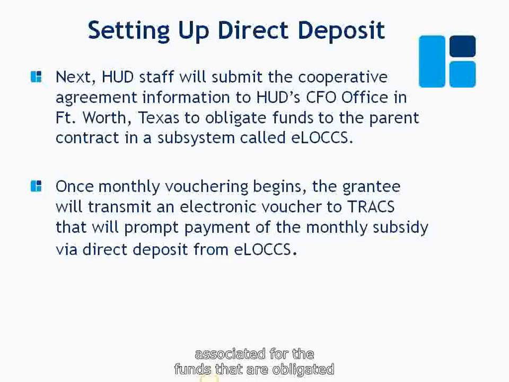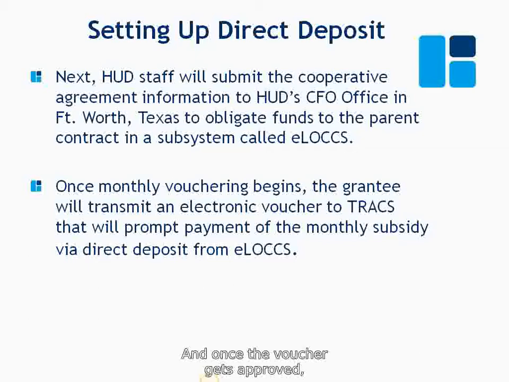When the vouchering starts, the grantees are going to always transmit vouchers to the Trax level, and that initiates kind of the funding request through ELOCs once that voucher is approved. And once the voucher gets approved, funds will come from the ELOC system, but they need to know where they're supposed to send the funds to.